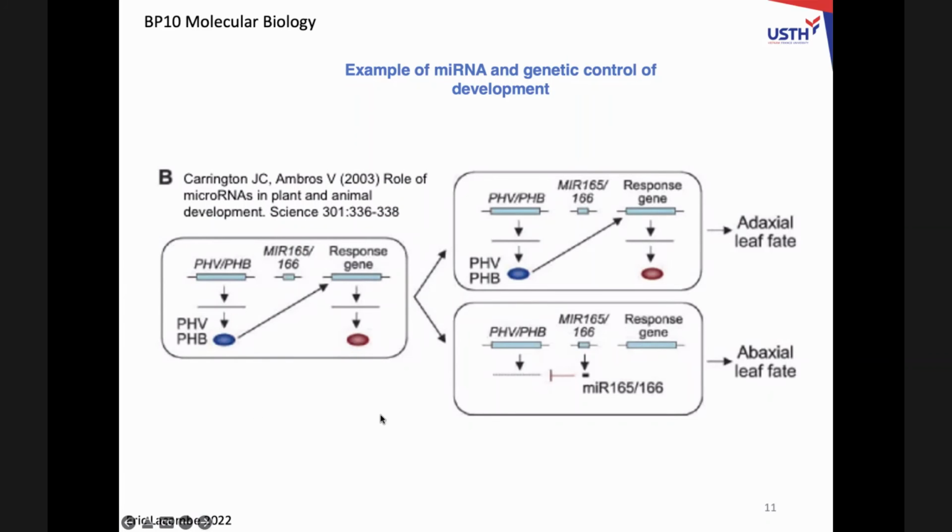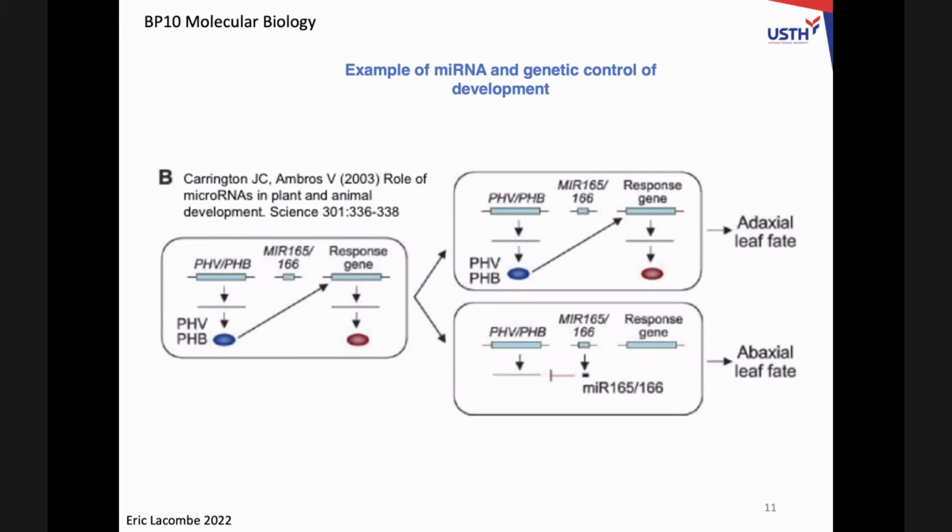I will explain the way this schematic is done. The left part of the schematic is the situation in terms of regulation in the embryonic state of the leaf, before there is differentiation between the abaxial and the adaxial.